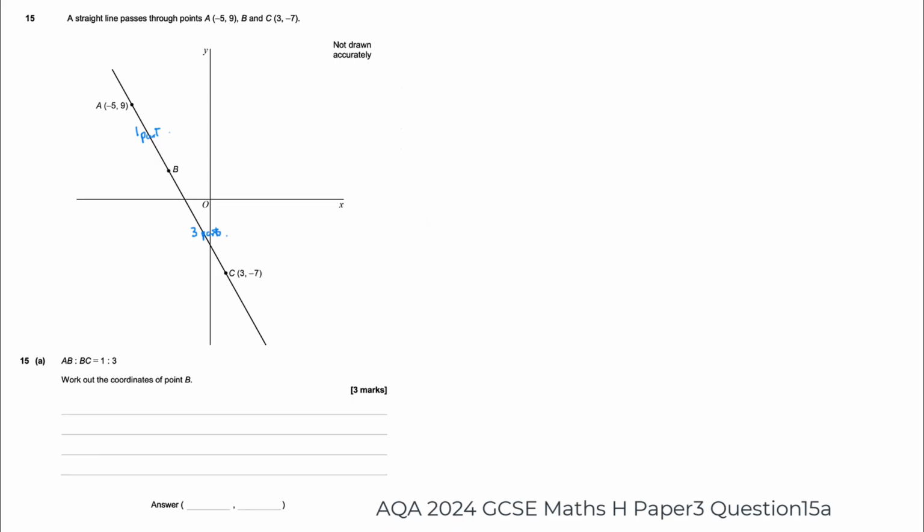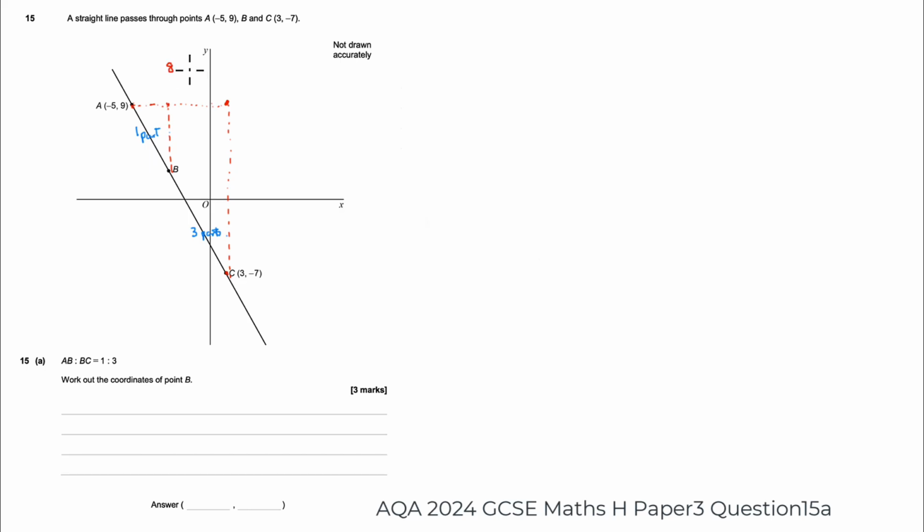Now one of the ways of doing this is to look first of all at the x-coordinate of A and the x-coordinate of C, and look at how the difference in the x-coordinates is divided up. Now, x-coordinate here is -5, x-coordinate here is 3. So to get from there to there, we'll have to go 5 plus another 3.